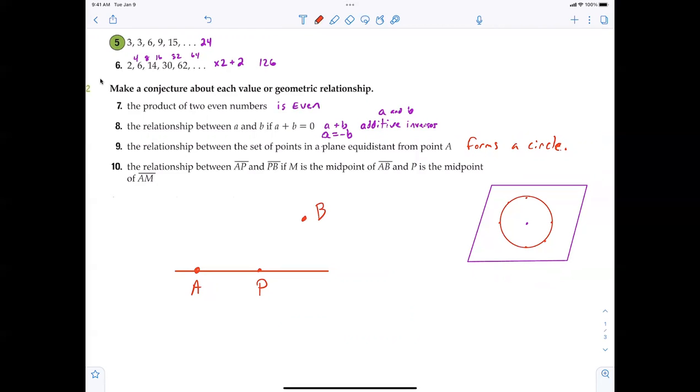So the relationship between AP and PB, if M is the midpoint of AB and P is the midpoint of AM. So if P is the midpoint of AM, it says that, right? So then I have to put M right here. Does everybody agree with that?